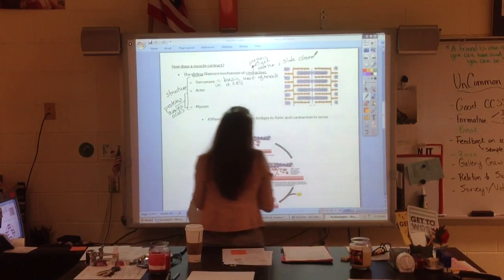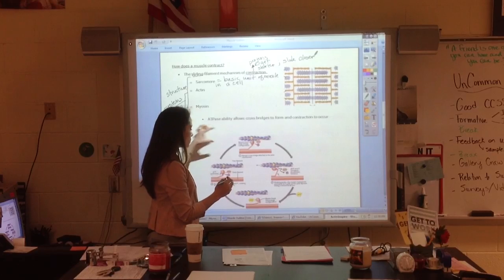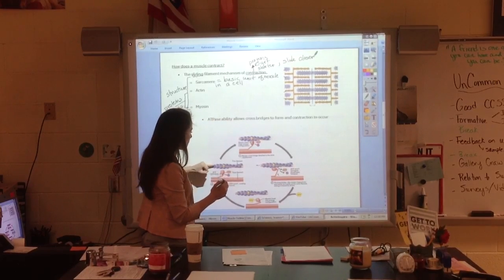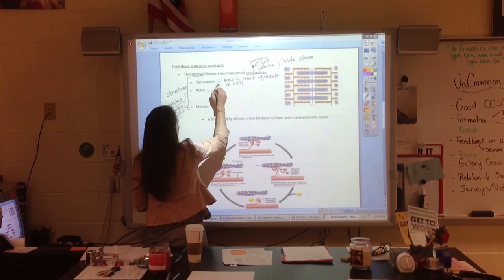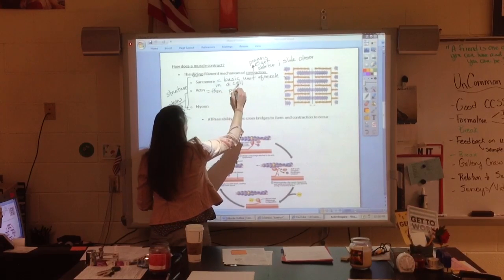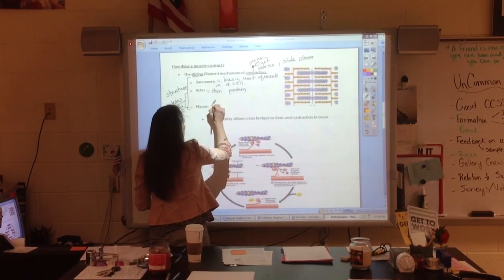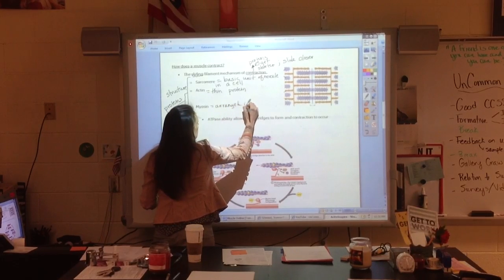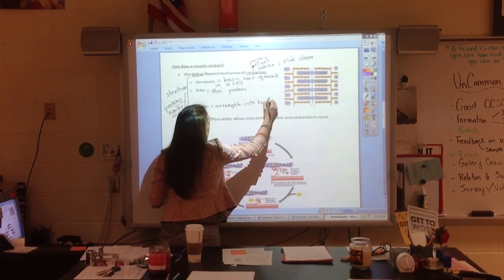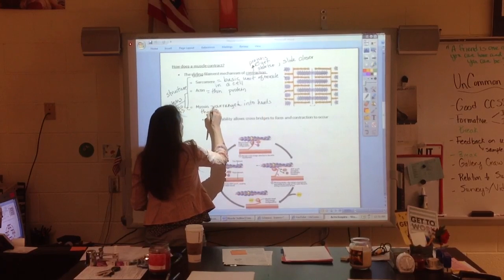So the actin is going to be the base protein. The actin is a thin protein, and myosin is arranged into what are called heads that bind to the actin.